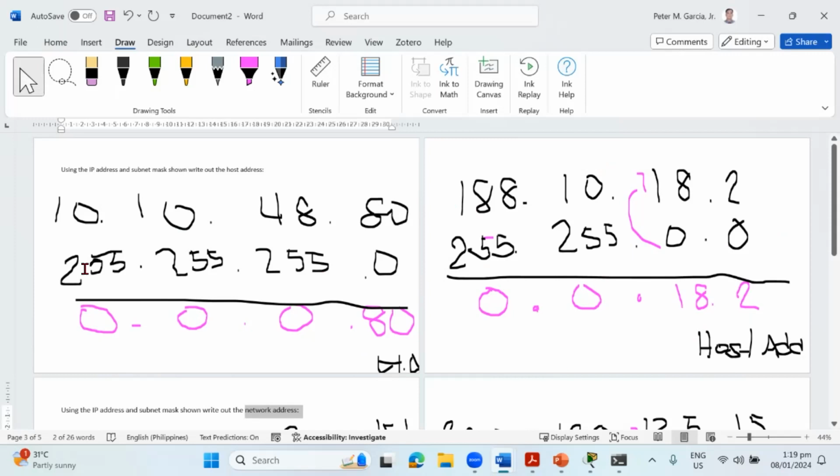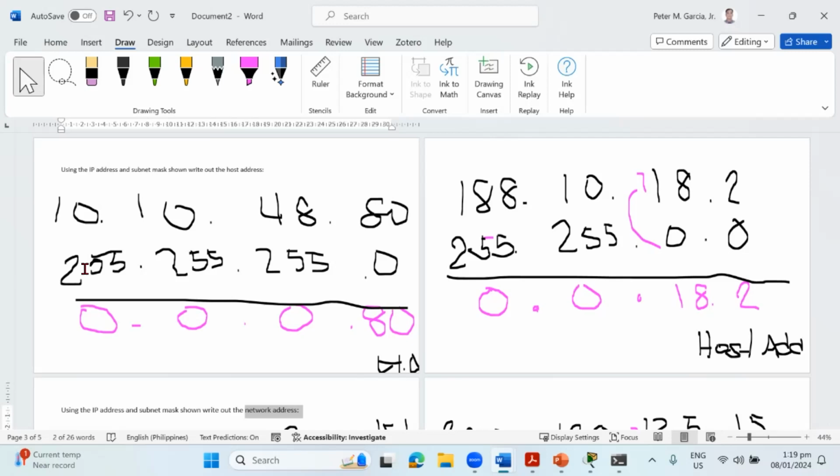Dito kailangan nyo lang tandaan yung mga ranges natin, tsaka yung mga straight method na ginamit. 255 network address, copy. 0 network address, 0. Pag host address, kapag 0, copy the number. Kapag 255, 0.